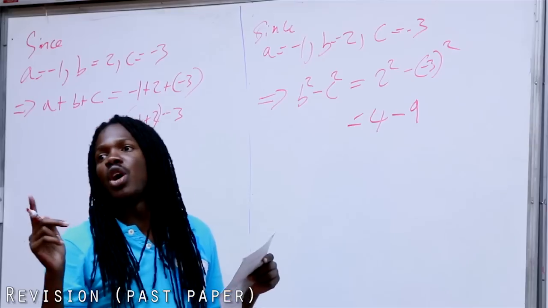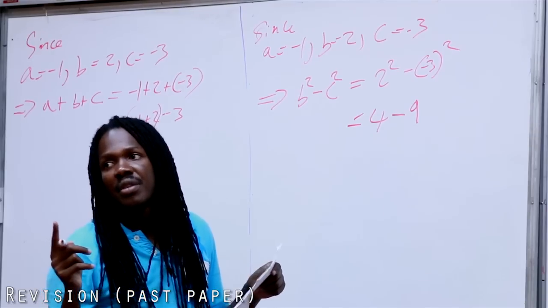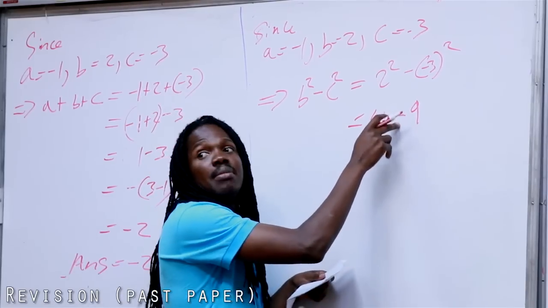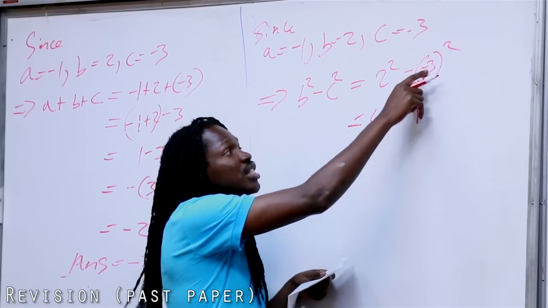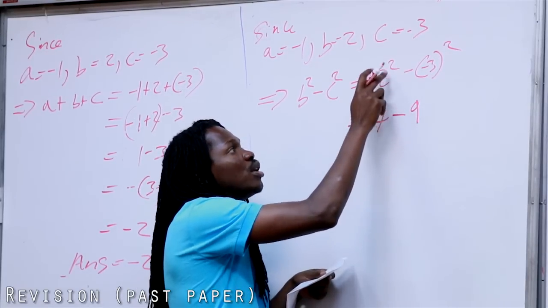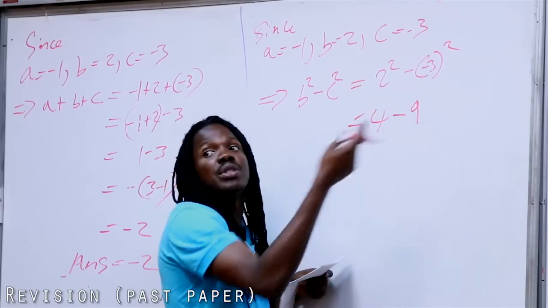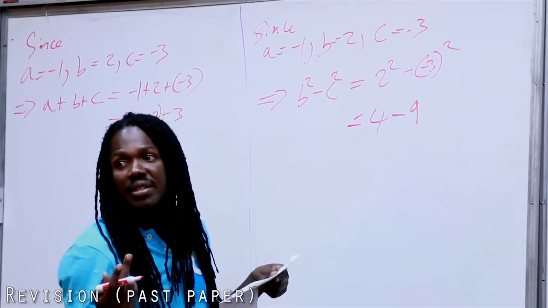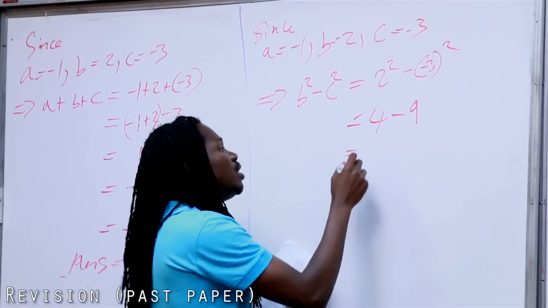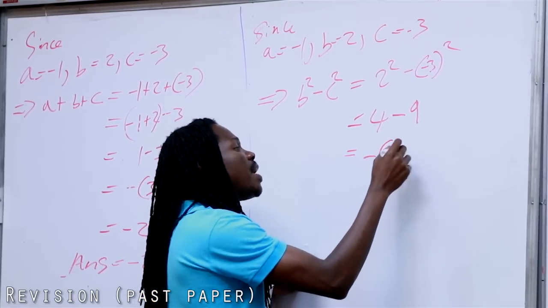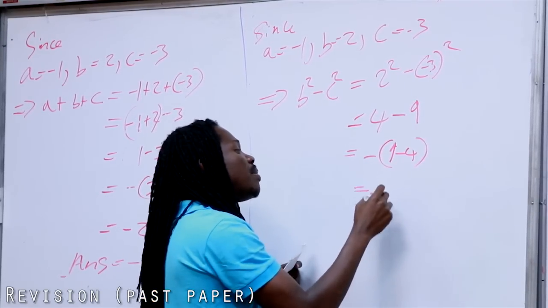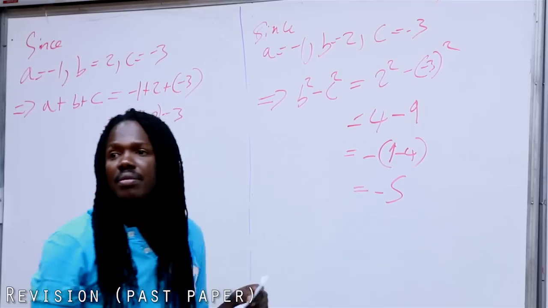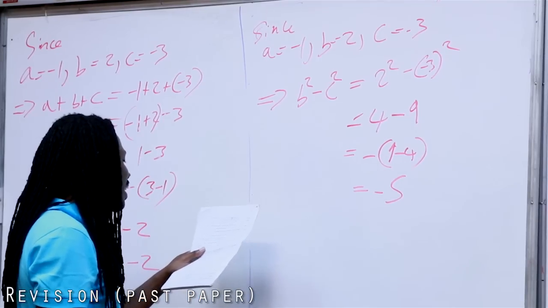Any number square becomes positive, but you still have to maintain this minus here. So this is now positive 9, so it becomes 4 minus positive 9, which is 4 minus 9. Everybody see that? Equal to negative bracket 9 minus 4, equal to minus 5. Everybody understand that?